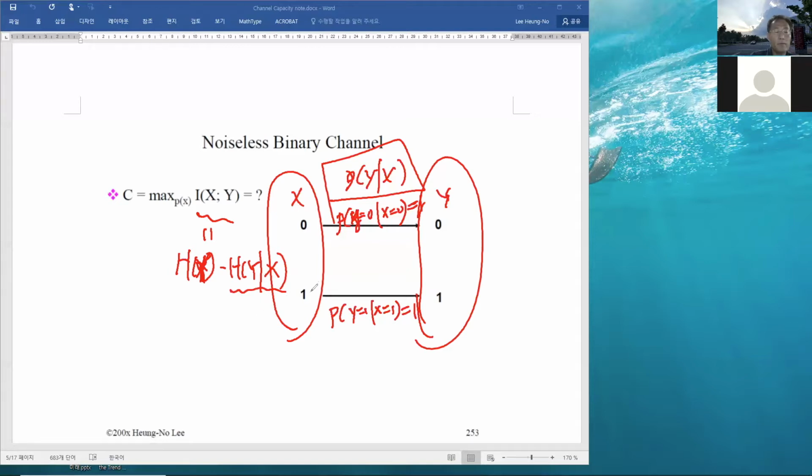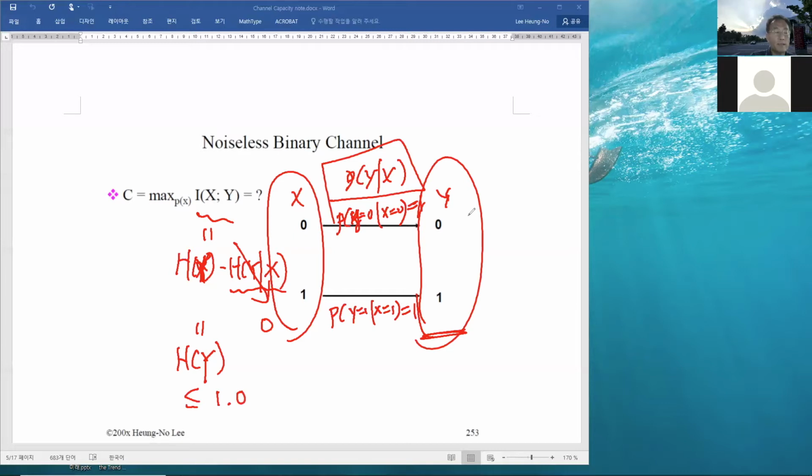Given the input, the output has no uncertainty, so this is 0. So the mutual information in this particular channel can be written as the entropy of Y. Y is a binary random variable, so it is less than or equal to 1.0.